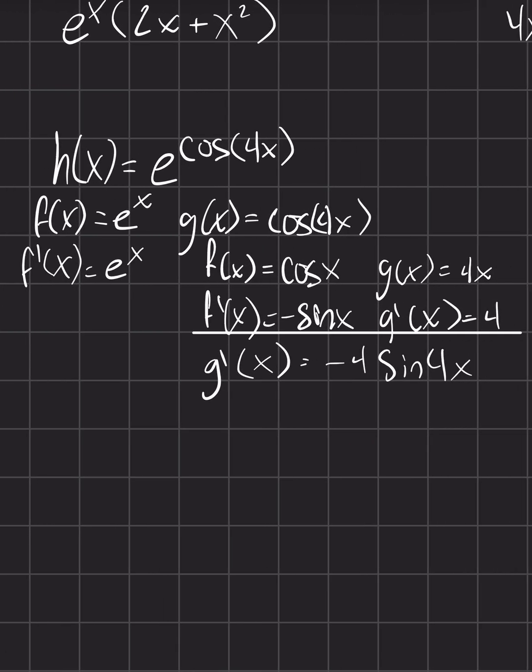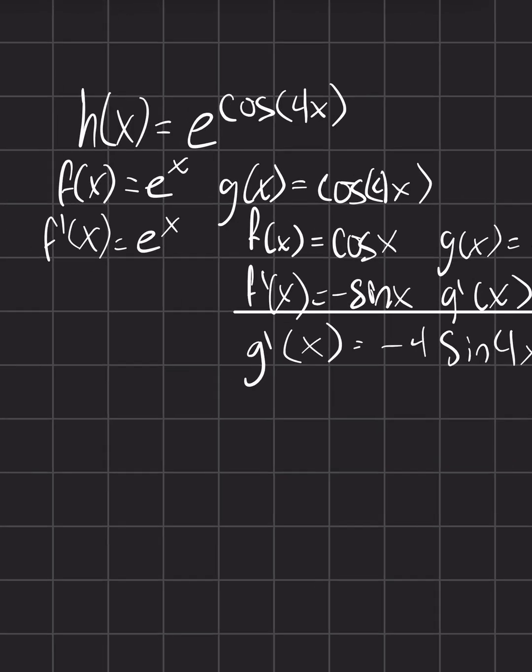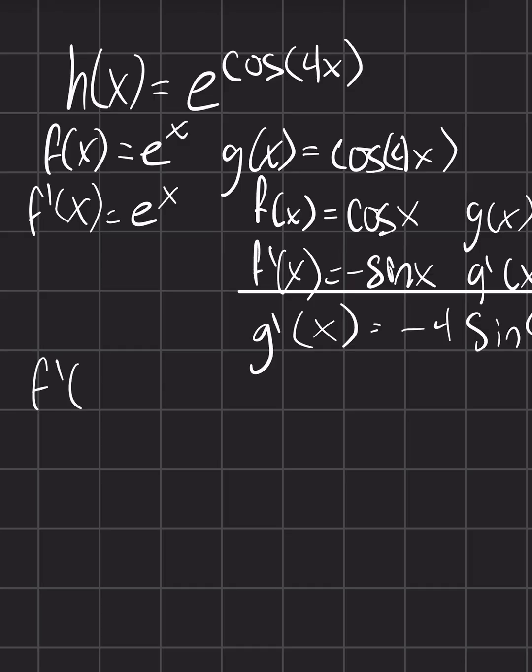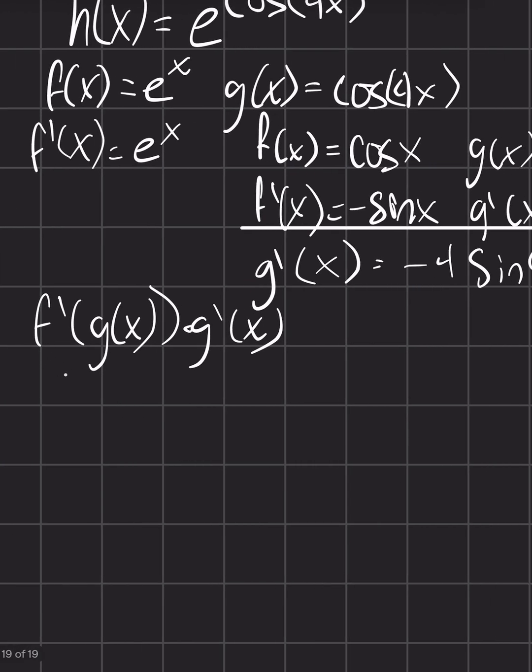Now we can head in and use our f prime with what we had here, and apply what's called the chain rule. Remember, our chain rule states that f prime of g of x times g prime of x.